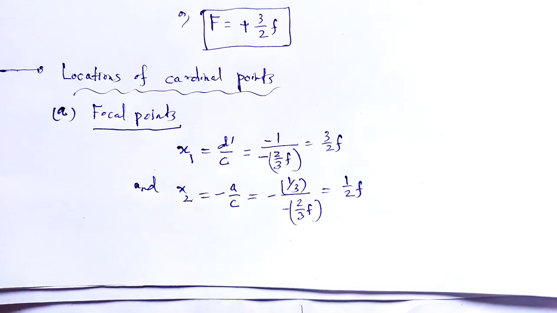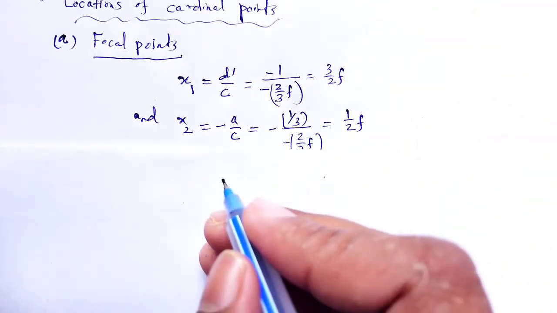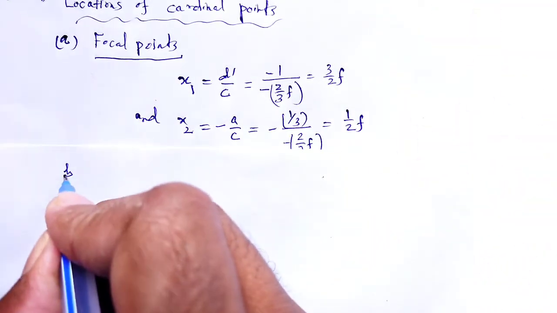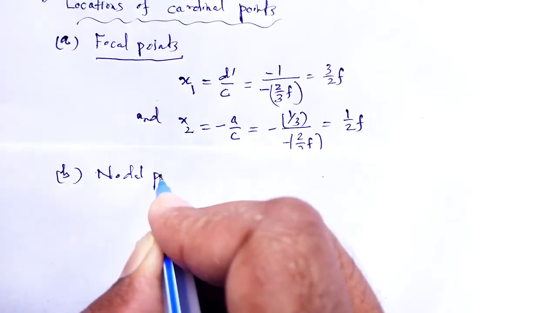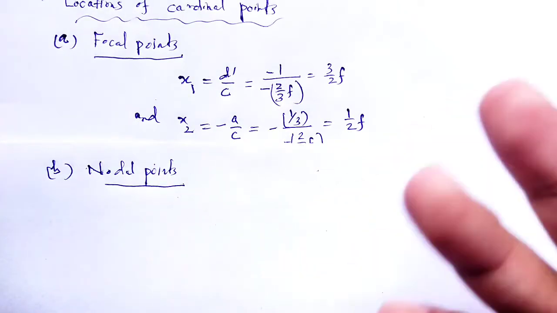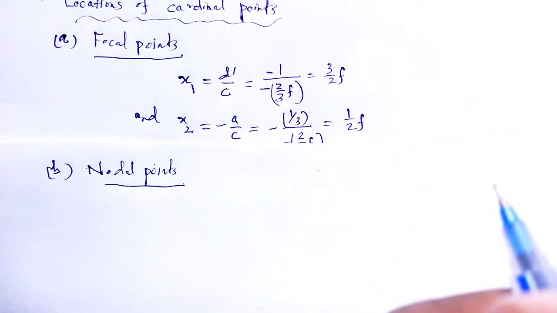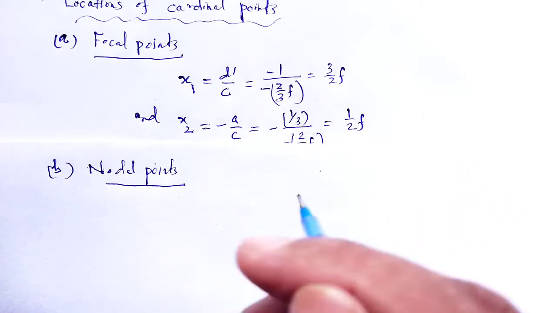Next, nodal points. Location of nodal points. Basically there are 2 nodal points n1 and n2, which are at distances of t1 and t2.